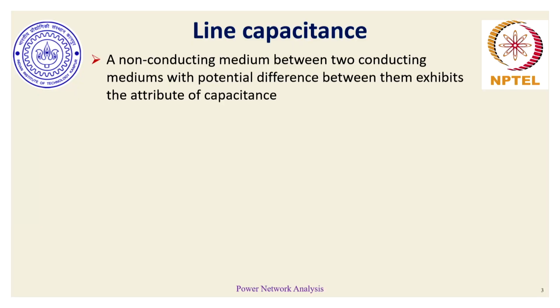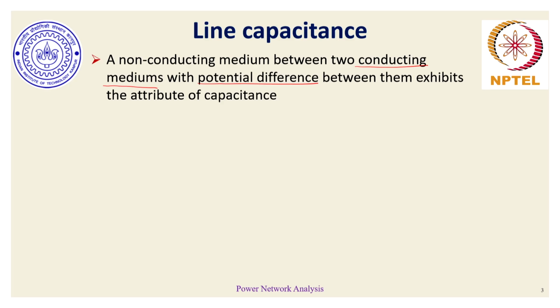From a layman's perspective, capacitance is a property or an attribute shown by two conducting mediums which are electrically charged, having some non-zero potential difference between them, which indicates that there is some electric field in between these two conducting mediums.